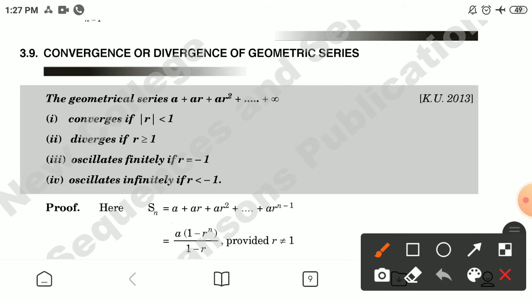Now the next one: the geometric series a plus ar plus ar square plus so on to infinity. First, it converges if the modulus of r is less than 1. Second, it diverges if r is greater than or equal to 1. Third, it oscillates finitely if r is equal to −1, and fourth, it oscillates infinitely if r is less than −1.